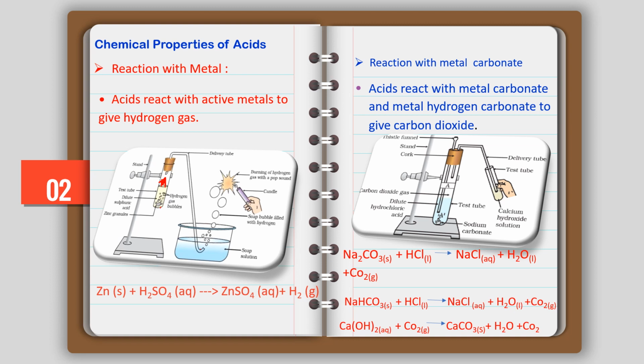To test the presence of carbon dioxide, calcium hydroxide solution is made, and on top of the test tube there is a delivery tube from which the gas will flow. A precipitate will be formed in the second test tube, which indicates that carbon dioxide gas is evolved and calcium carbonate precipitate is formed.